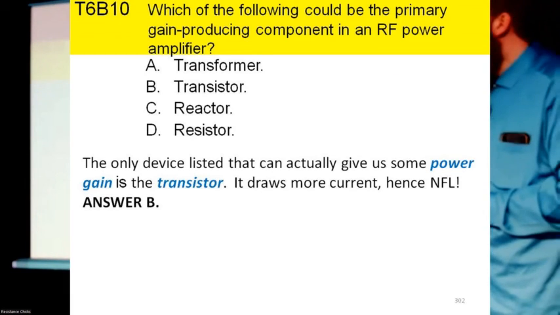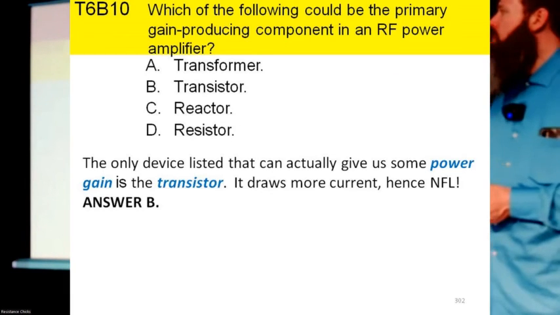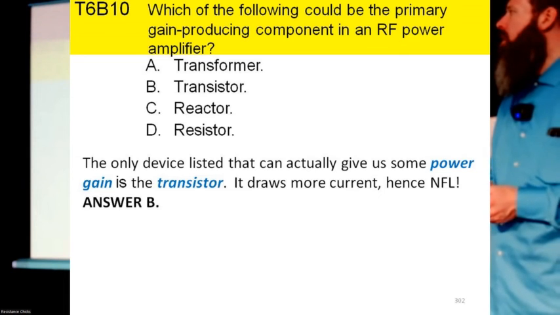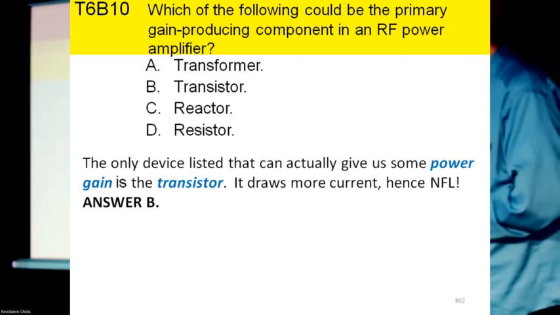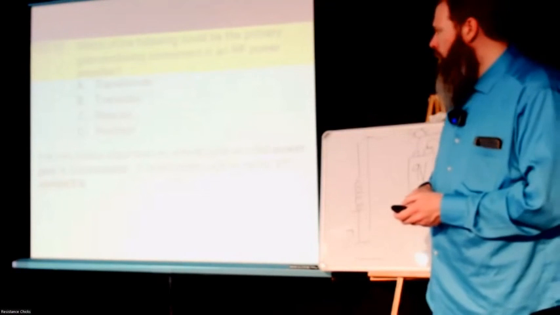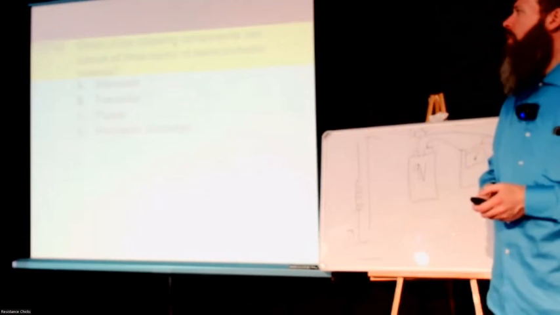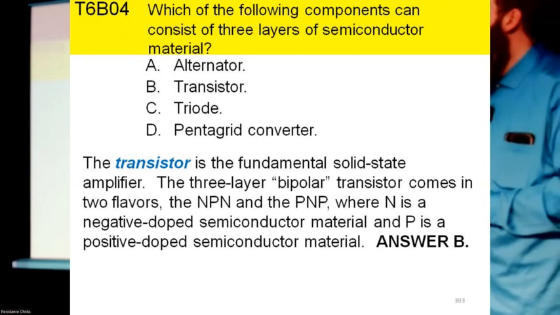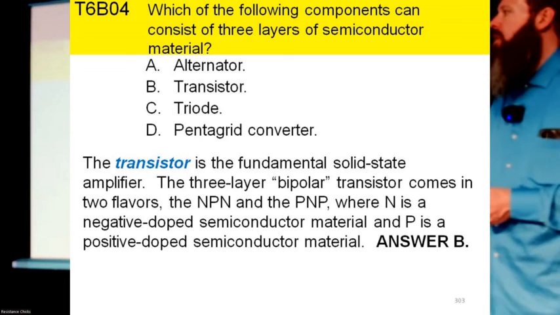Which of the following could be the primary gain producing component in an RF power amplifier? Well, we're talking about an amplifier. What amplifies? The transistor. Which of the following components can consist of 3 layers of semiconductor material?